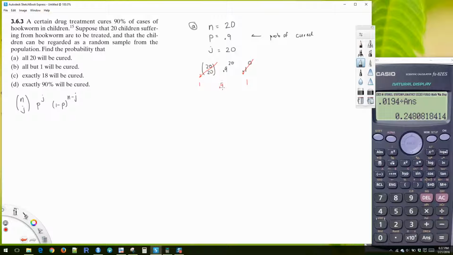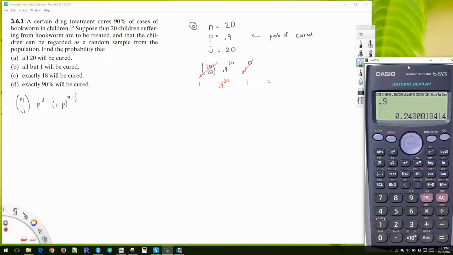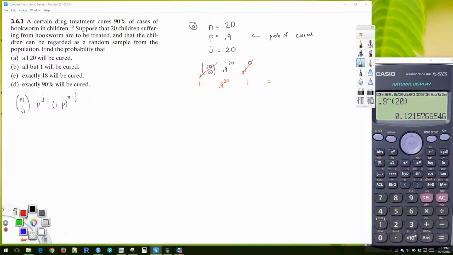So we really just have 0.9 raised to the 20th. I punch that in, 0.9 raised to the 20th, and I get 0.12157. So our answer for part A is about 12%, a little bit more than that, 0.1216 if I round off.